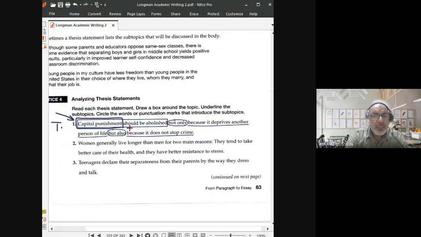Should be abolished. What is this? Who can tell? Should be abolished. Main idea. The main idea, the controlling idea. The main idea of the writer. Then the writer has what? Has another additional part related to the idea.